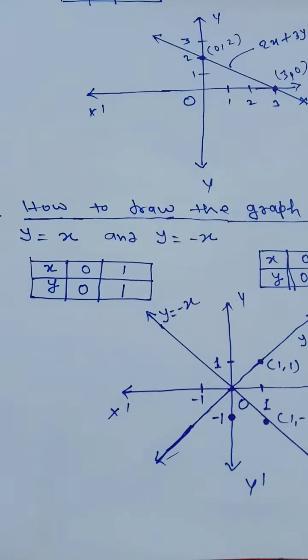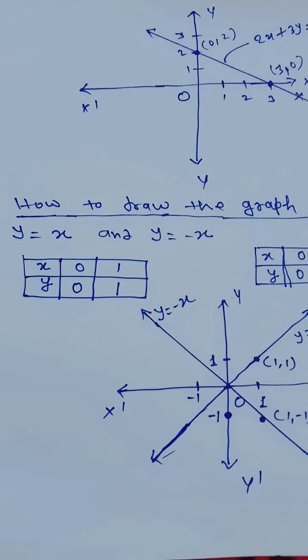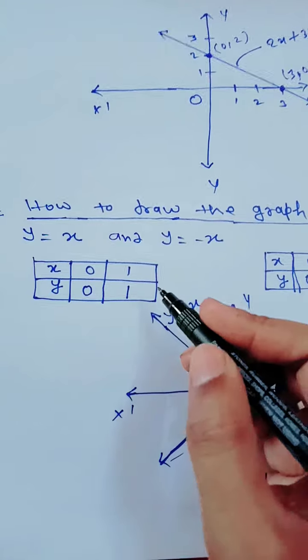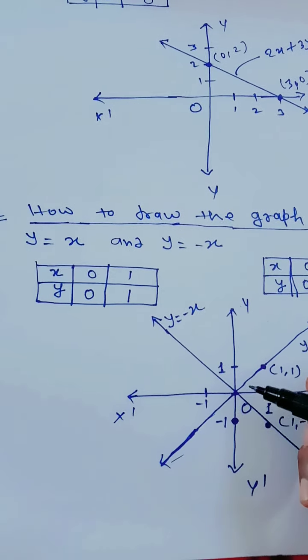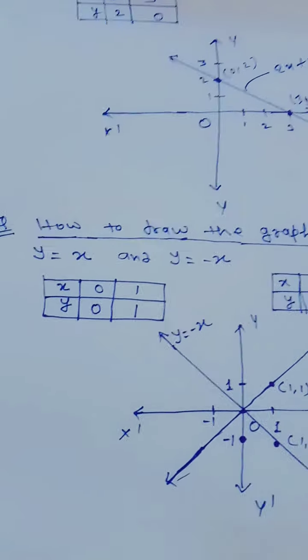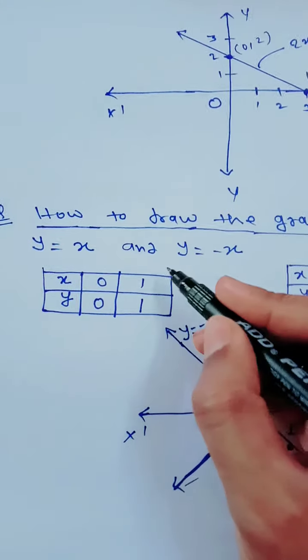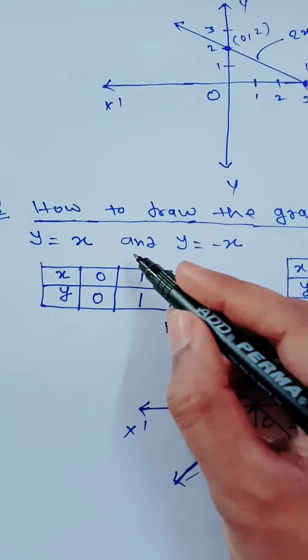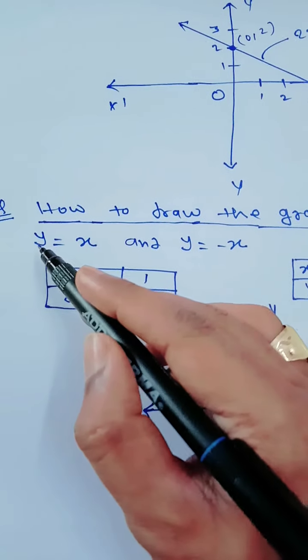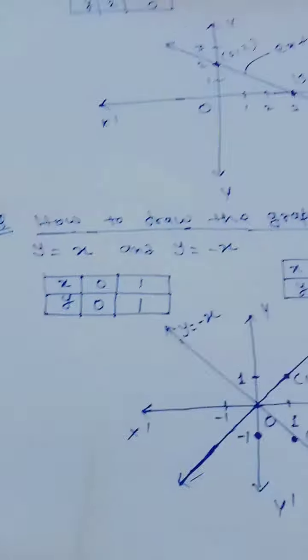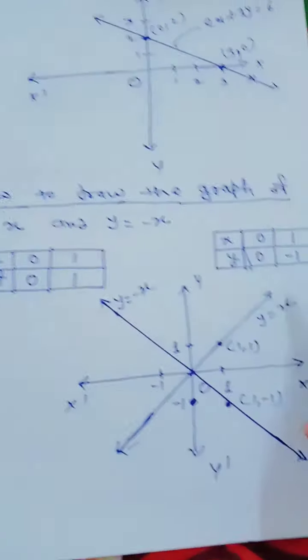One point is not sufficient to draw a graph of a straight line, because through one point infinite straight lines can pass. So we take one more point, x equals 1. If you put x equals 1, you will get y equals 1.